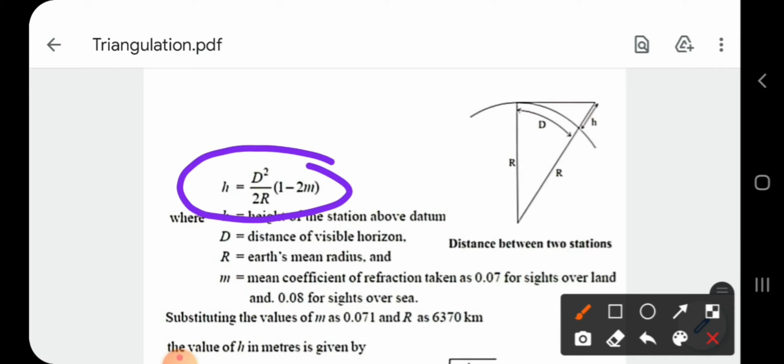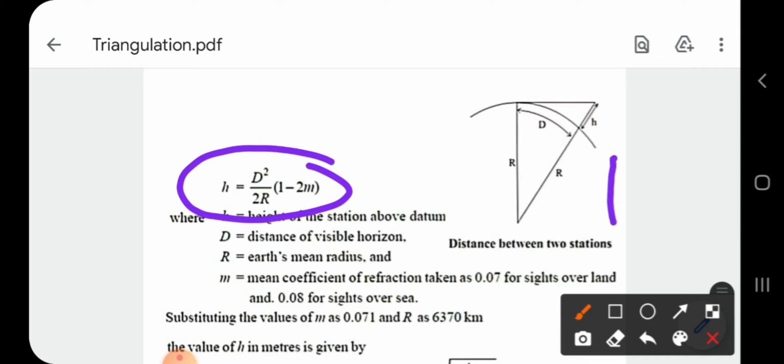H is the height of the station above the datum. D is the horizon distance or distance of the visible horizon. R is the mean radius of the earth, and m is the mean coefficient of refraction, taken equal to 0.07 for sites over land and 0.08 for sites over the sea.